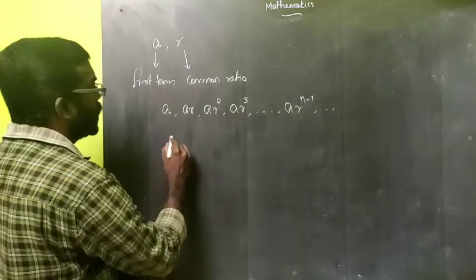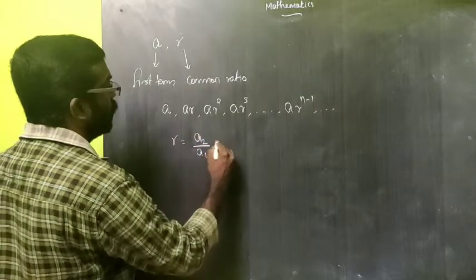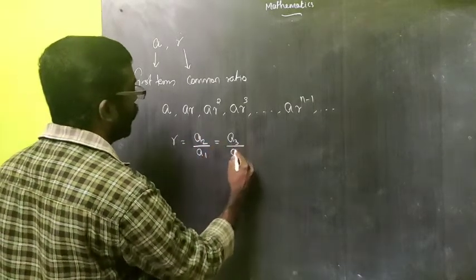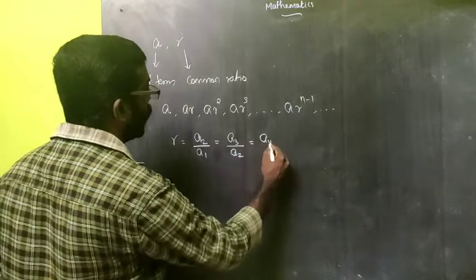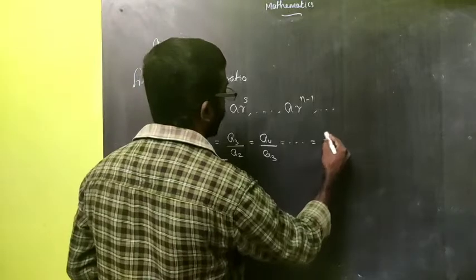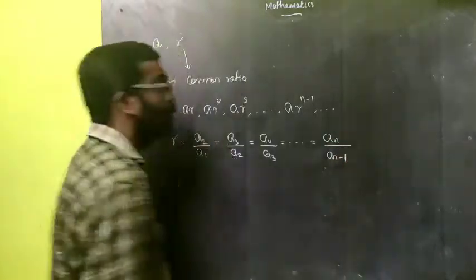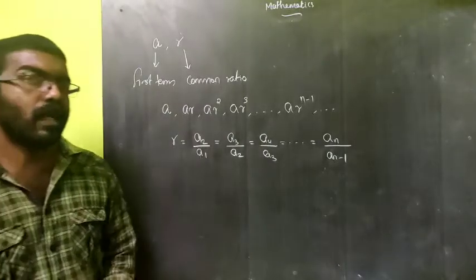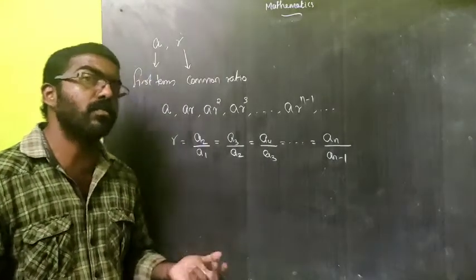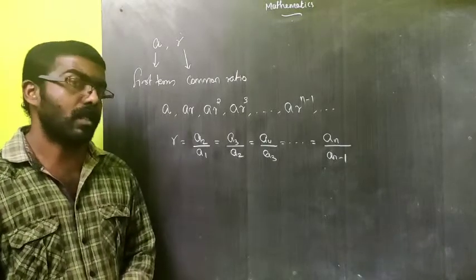Okay, so the common ratio r can be written as a2 by a1, which is equal to a3 by a2, which is equal to a4 by a3, which is equal to etc., equal to an by an minus 1. If we take the ratio of any term to the preceding term except the first term, we will get the what?